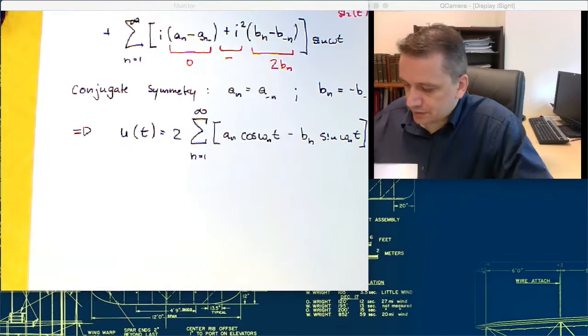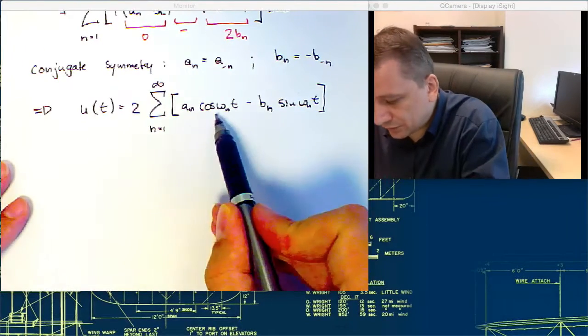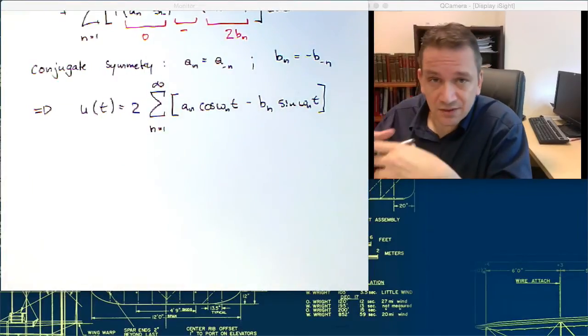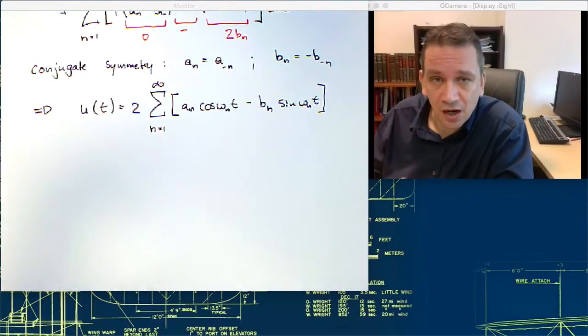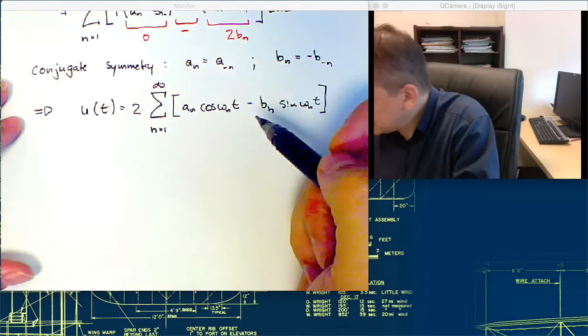Alright, so you have now rewritten your original signal in terms of cosine and sine, and now we need to have an and bn, and an and bn are essentially containing all the information on how much of this frequency is going to be present inside this flow.